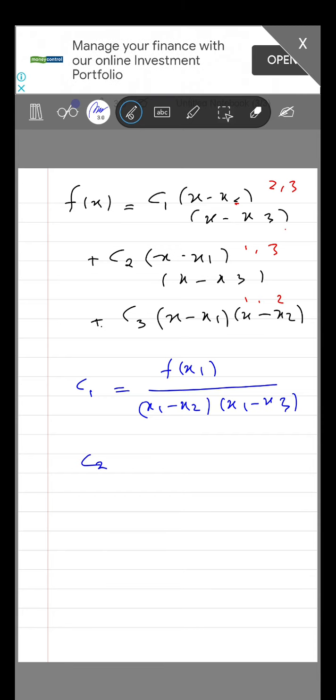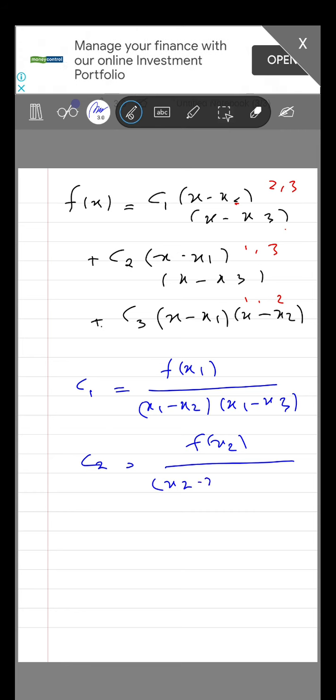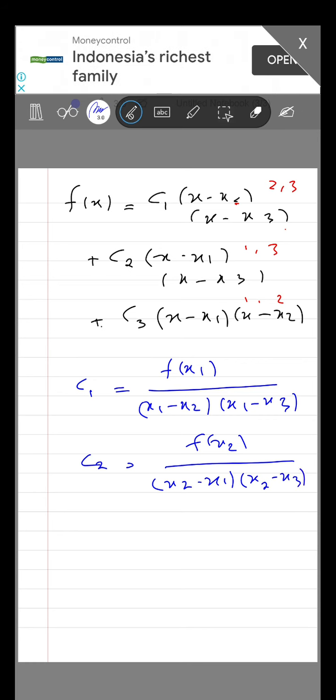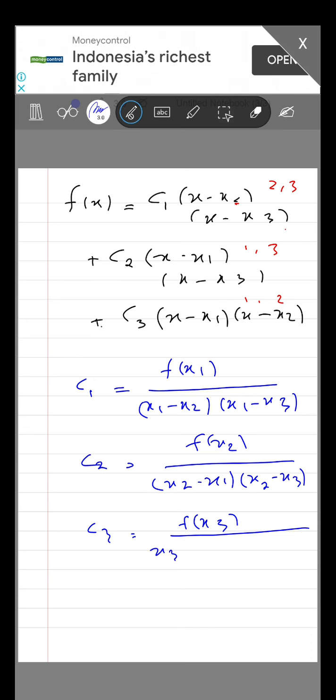C2 can again be represented as f(x2) divided by (x2 minus x1) and (x2 minus x3), and c3 as equal to f(x3) divided by (x3 minus x1) into (x3 minus x2).